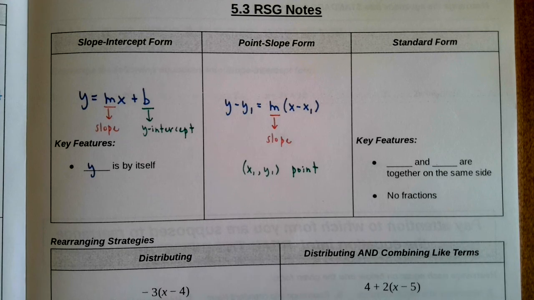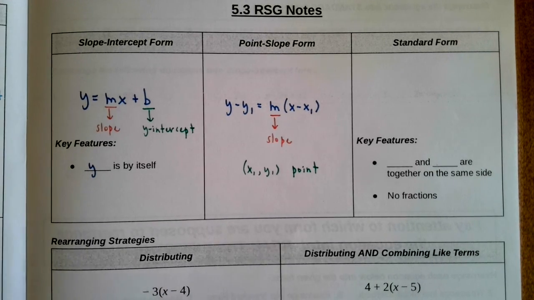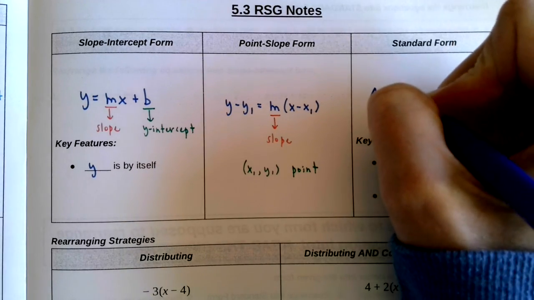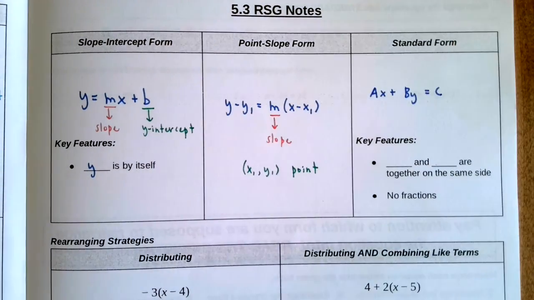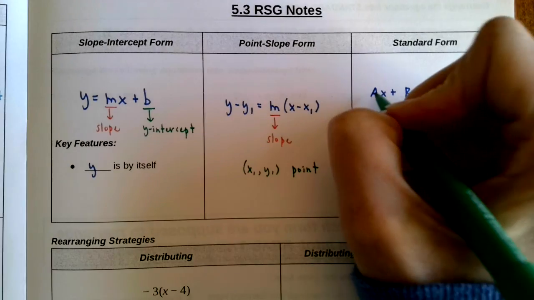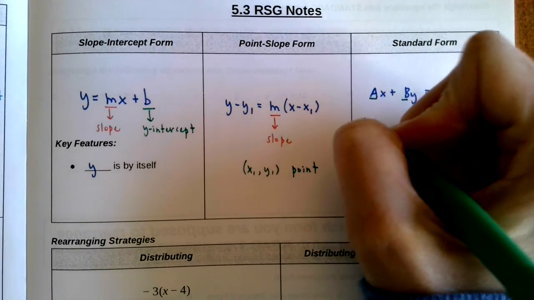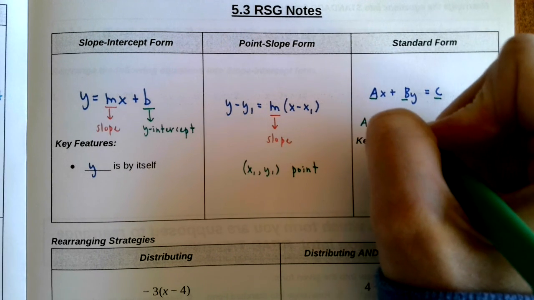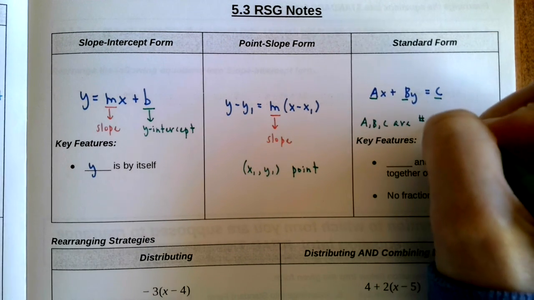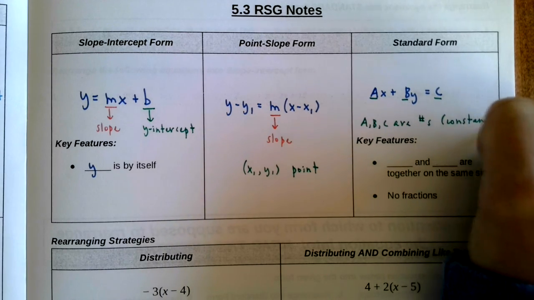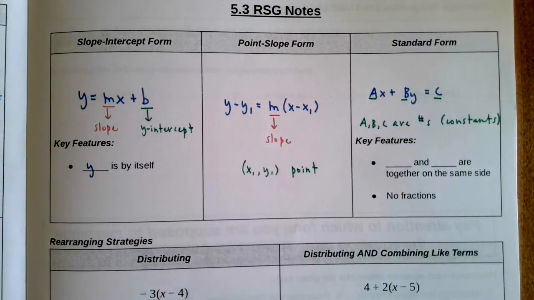And then the newest form we had was called standard form, and that looks like this. ax plus by equals c. Now in this case, a, b, and c are just numbers, or what we call constants. And then you can see we have our variables x and y.